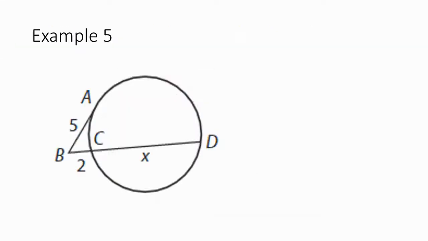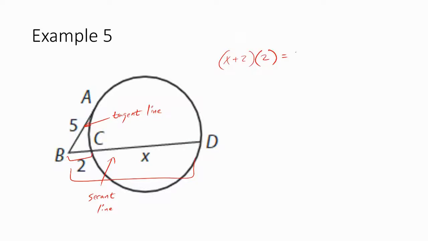So notice this is my tangent line, okay? And then I have my secant line, which is the x plus the 2. So basically, let's work on this. It's the secant line, which is x plus 2, the whole thing, times the exterior, which is 2.